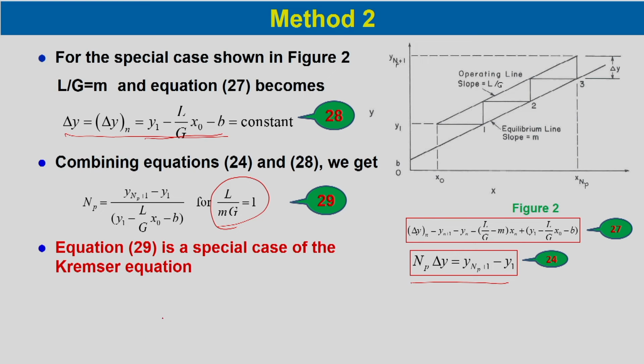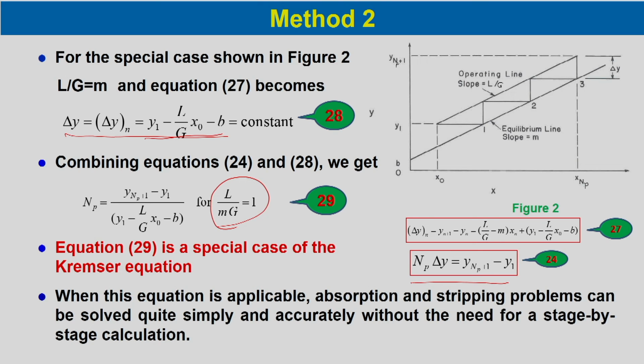So, equation 29 is a special case of the Kremser equation as we have derived before. This is another equation we can derive from the graph. When this equation is applicable, absorption and stripping problems can be solved simply and accurately without stage by stage calculation. From here we can easily calculate the number of stages required using analytical equations.